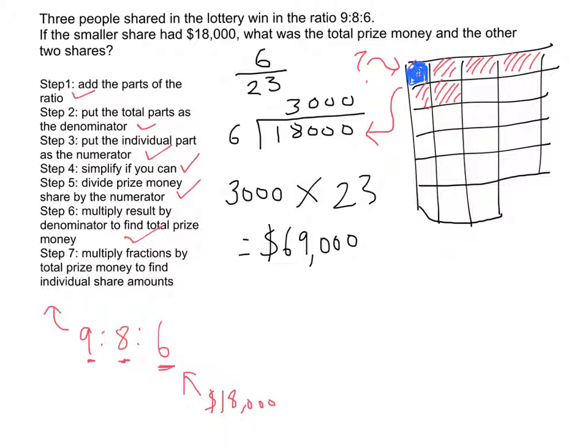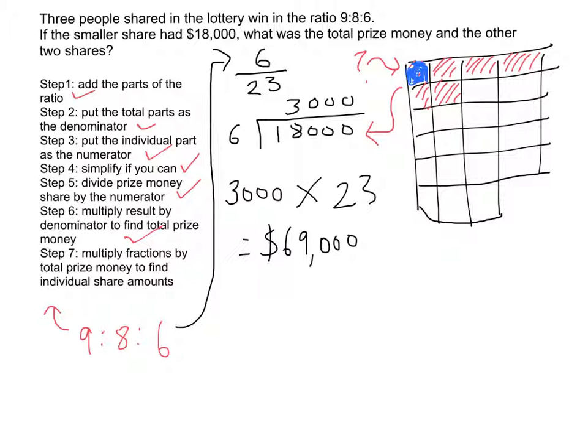So this is what we want to find out. So what we have to do is what it says here. So we have to multiply fractions. So this number 6 was actually this one over here.